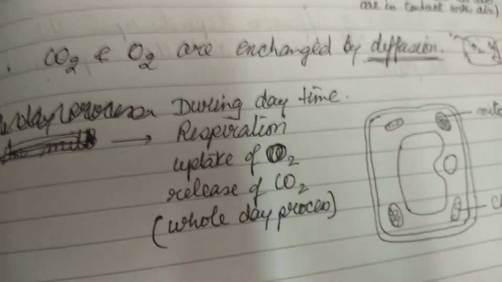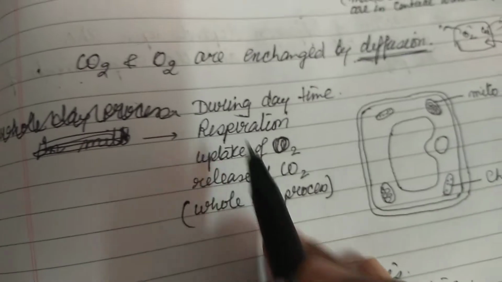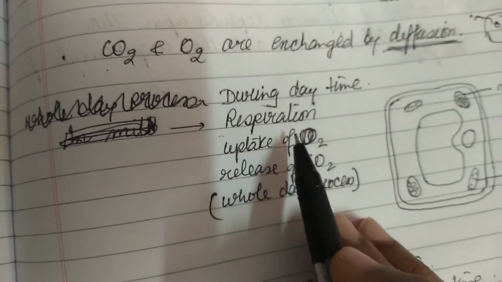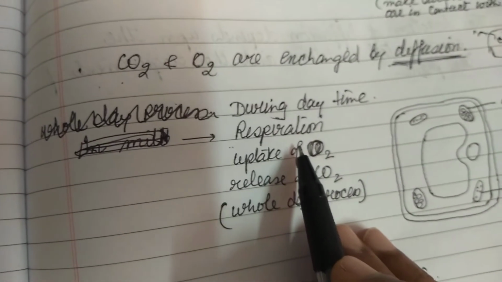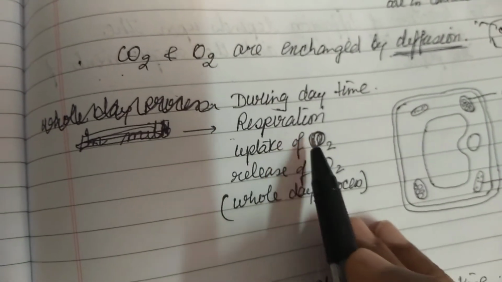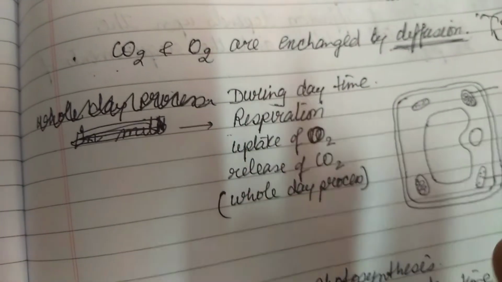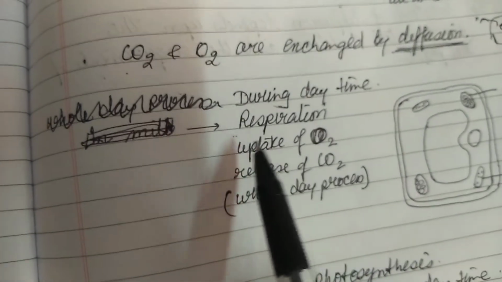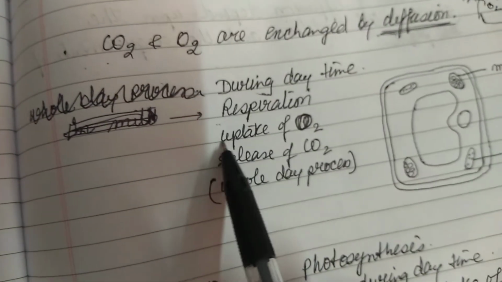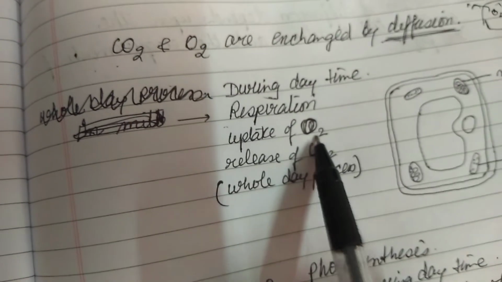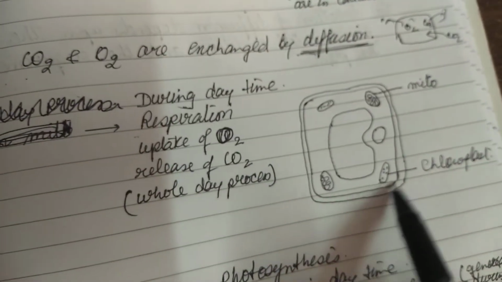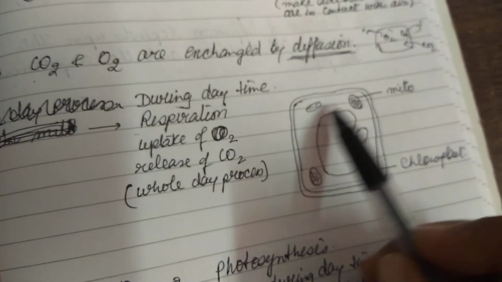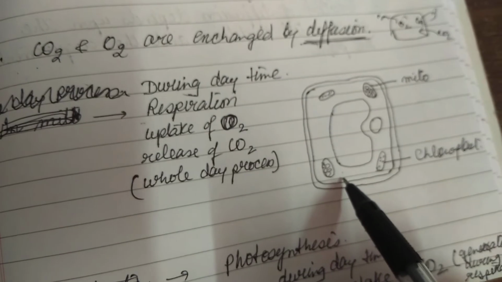When they take oxygen and when they release carbon dioxide, where they need both these gases, we'll study this. So we know that respiration is a process which occurs during daytime and also during night time. It doesn't stop during night or during day. It is a continuous process. In respiration, the main thing is the uptake of oxygen. If we study plant cells, they have the central large vacuole, nucleus, then mitochondria, then chloroplast.